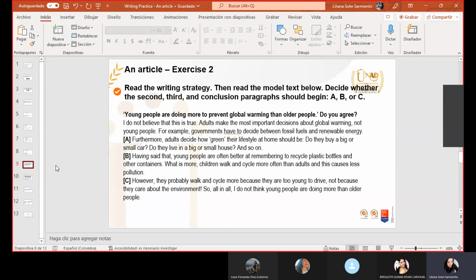I give you 5 minutes to read the text carefully, and then we are going to try to identify the correct order.